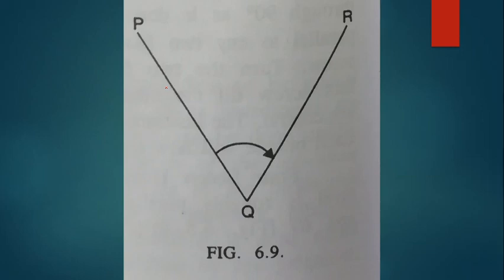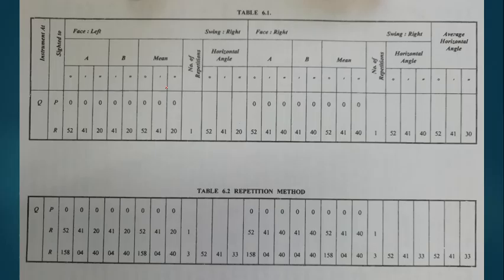Now what we have to do is change the face by transiting the telescope and repeat the complete process again, and the mean of two vernier readings will give you the reading for face right also. Then take the average angle of both the face readings, obtained by taking the mean of these two different faces, and that will be the final angle.